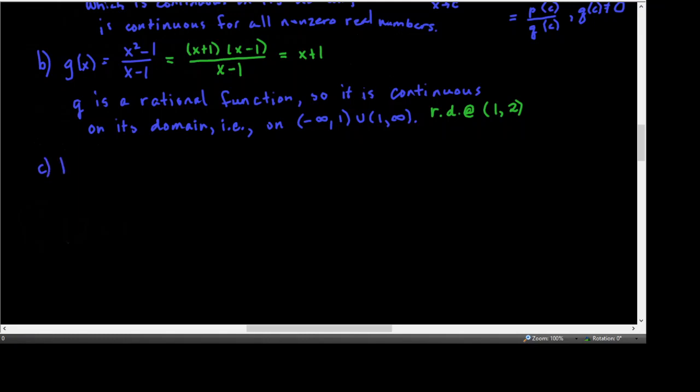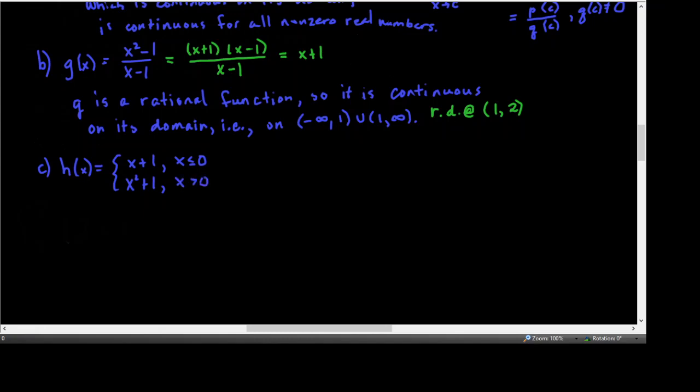Okay, this time we have h of x is equal to x plus 1 whenever x is less than or equal to 0, and x squared plus 1 when x is greater than 0.